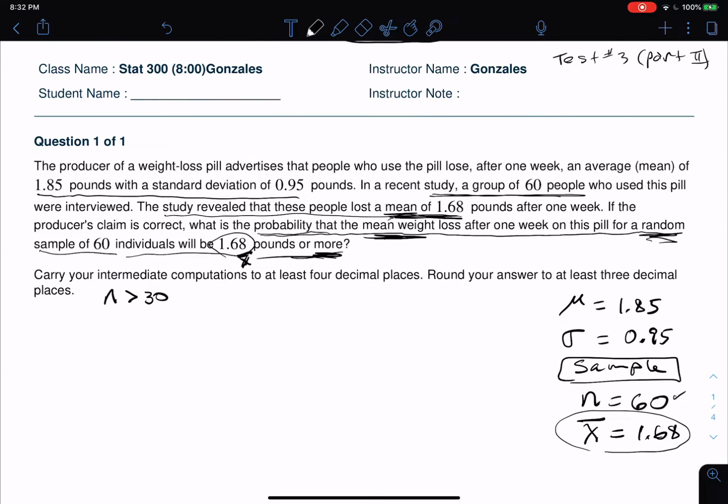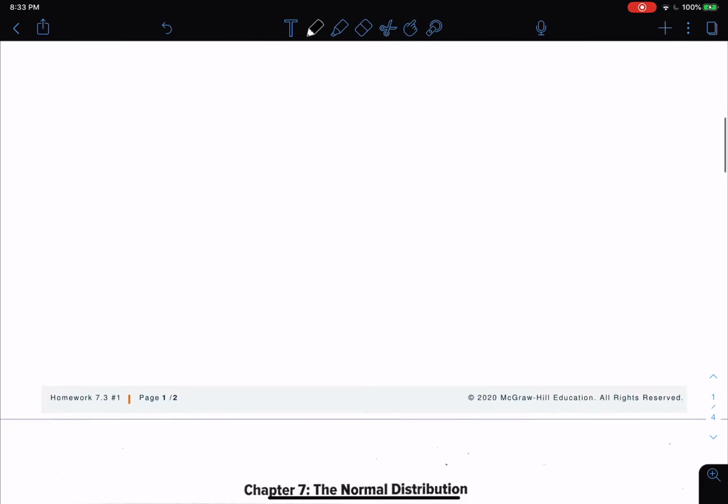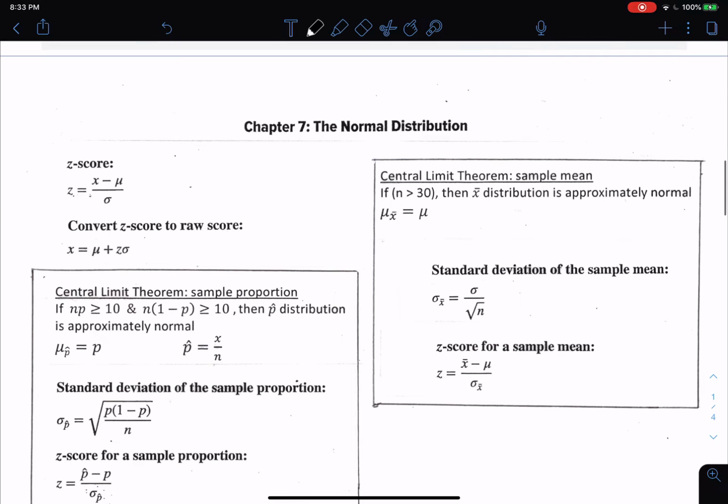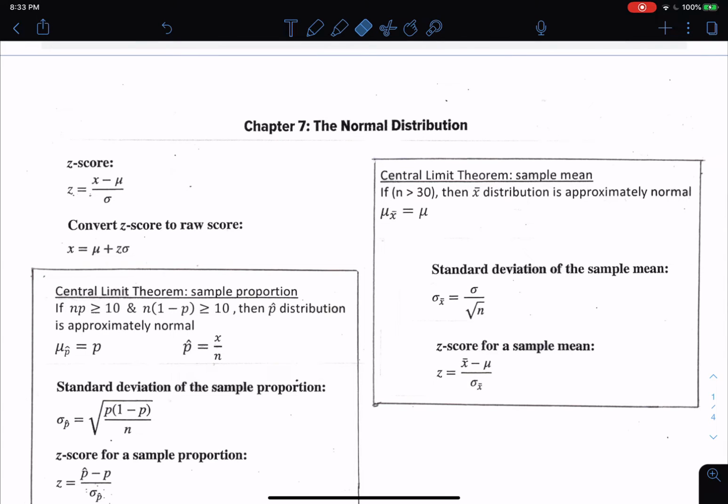It's actually 60, so we can use the central limit theorem, which is great. That's for sample means, this guy right here, section 7.3.